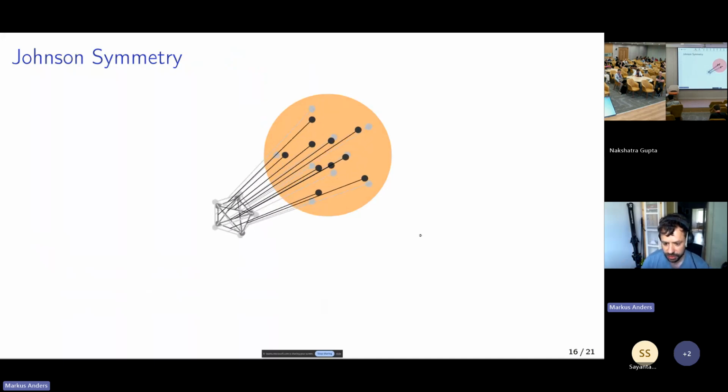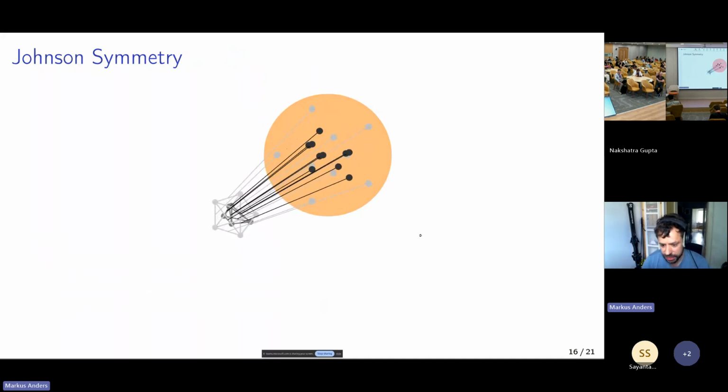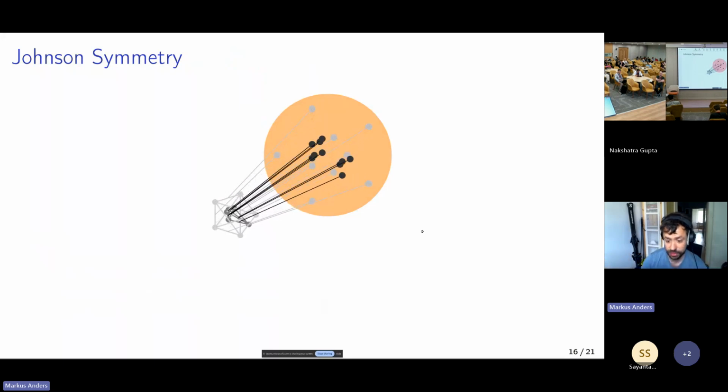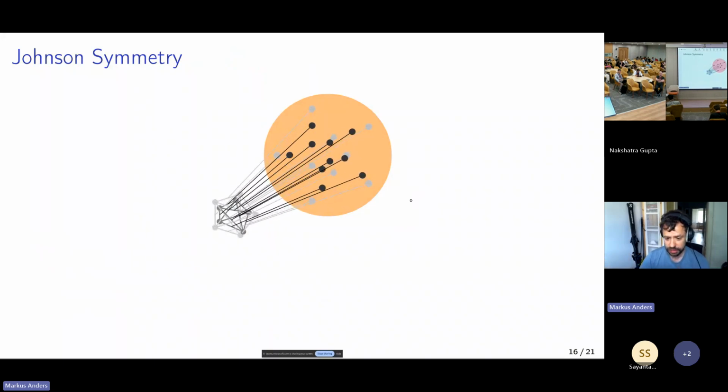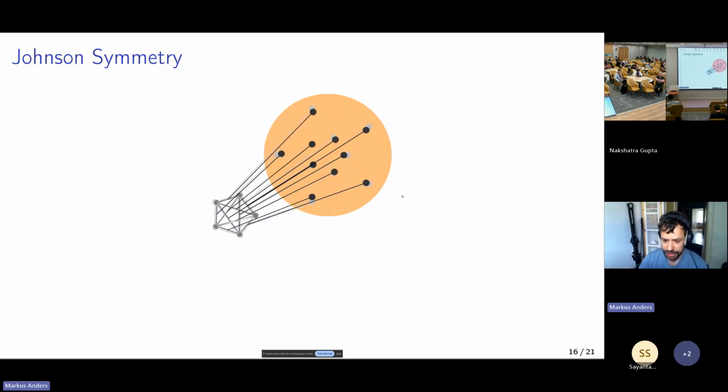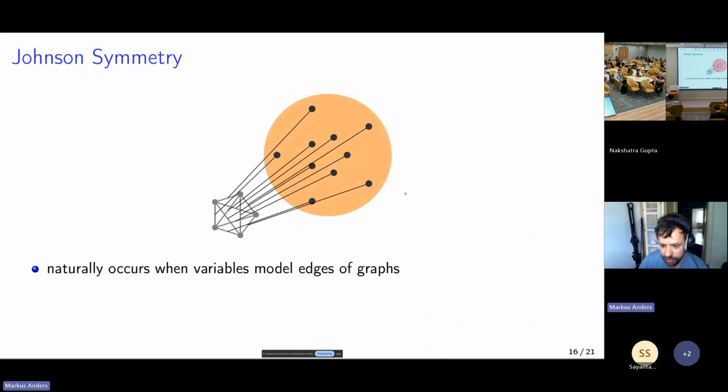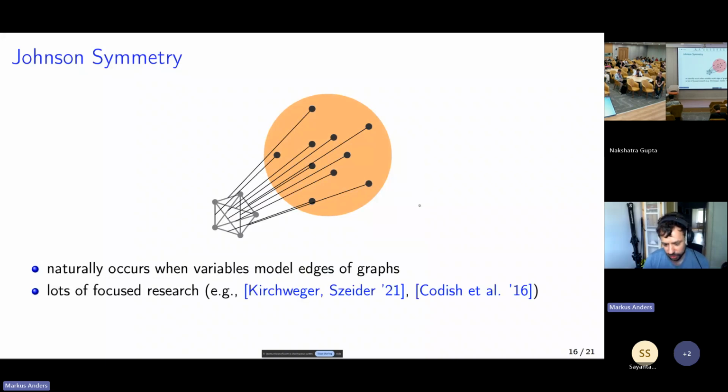So this is an induced action of the symmetric group on the two-subsets of the vertices of that graph. And now you might be thinking, oh, this seems oddly specific. Should we really care about this symmetry? And maybe surprisingly, I think we've talked about Johnson symmetry today already.